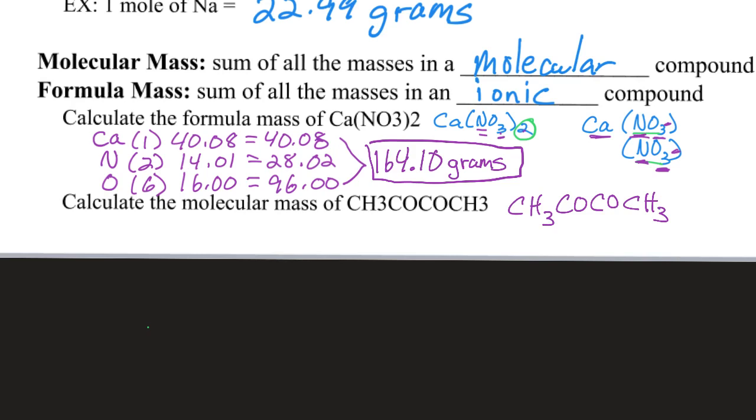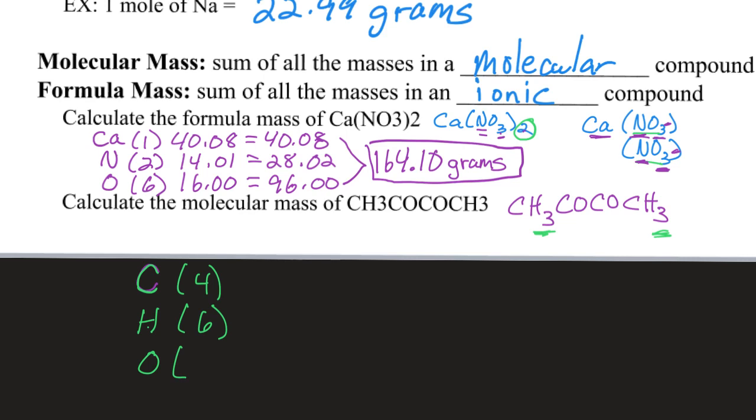So now the same thing, I'm just going to add up how many of each element I've got. Well, I've got carbon atoms, I've got hydrogen atoms, and I have oxygen atoms. So my total amount of carbon atoms is going to be 4. My total amount of hydrogen atoms, I've got 3 here and 3 here, so that's going to be 6.